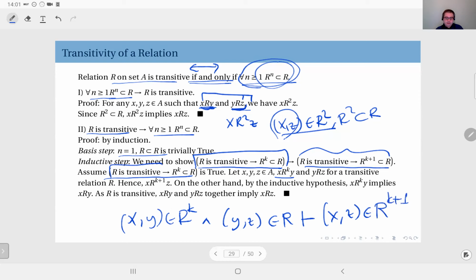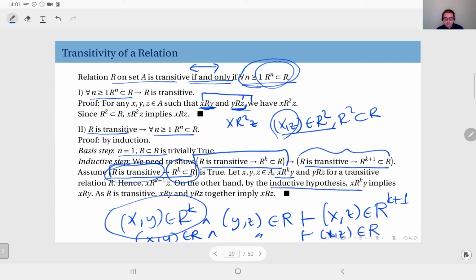Okay. Now, by our inductive hypothesis, since R to the k is a subset of R, this implies (x, y) is also an element of R. And therefore, since R is transitive, this together with this entails (x, z) is also in R, because R is transitive.